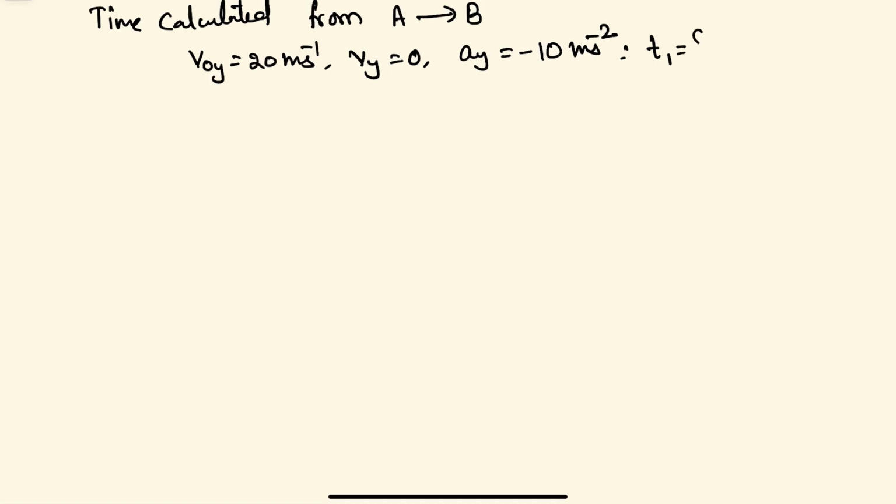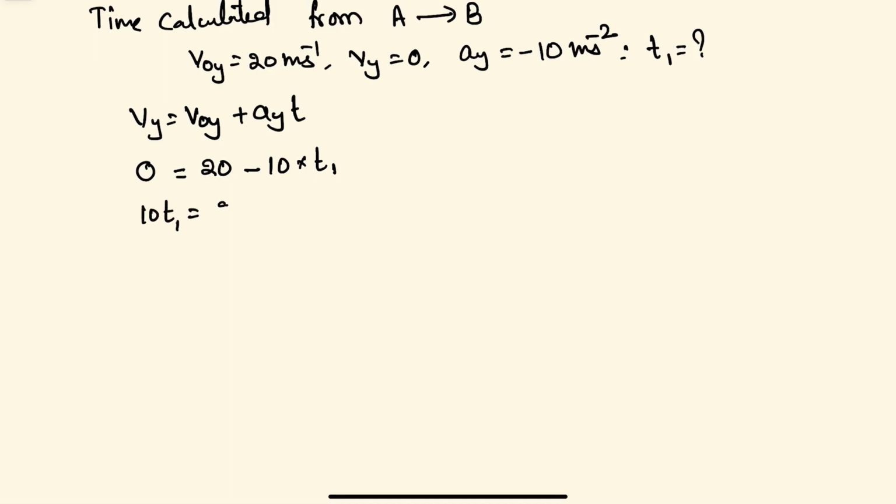Let us say T1. We don't know, we have to calculate. According to the first formula, vy is equal to v naught y plus ay into t. Vy is 0, v naught y is 20, ay is minus 10 into T1. So 10 T1 is equal to 20. T1 is equal to 2 seconds, the time to reach the maximum point.